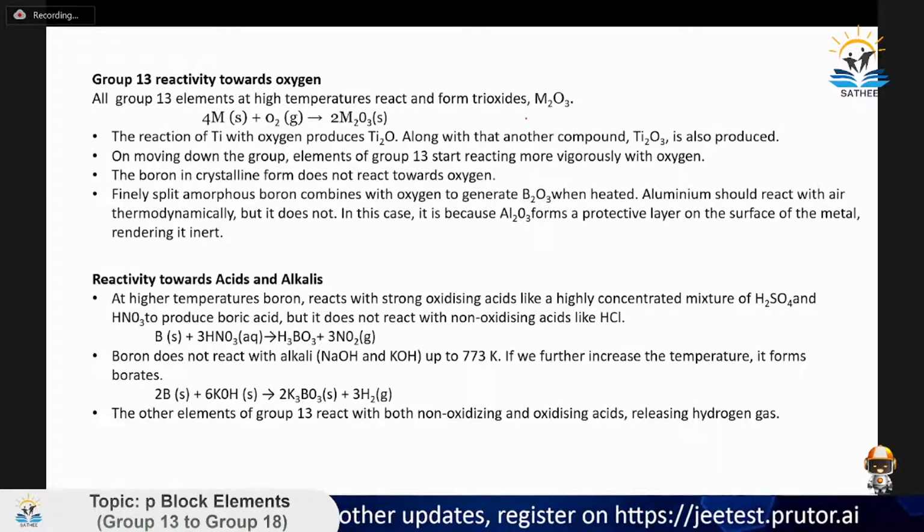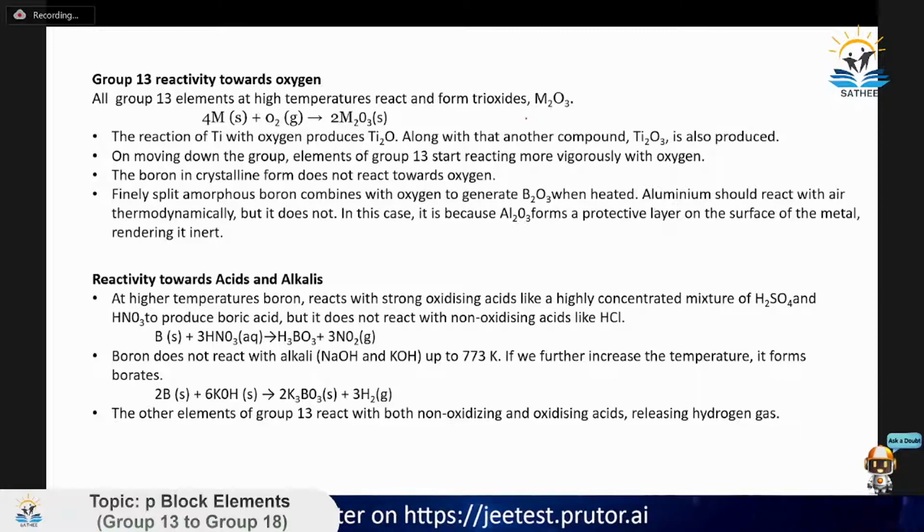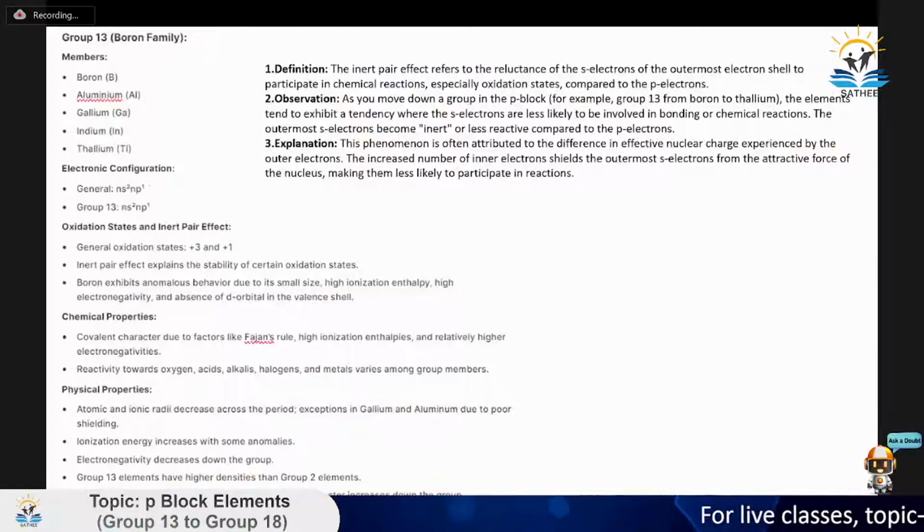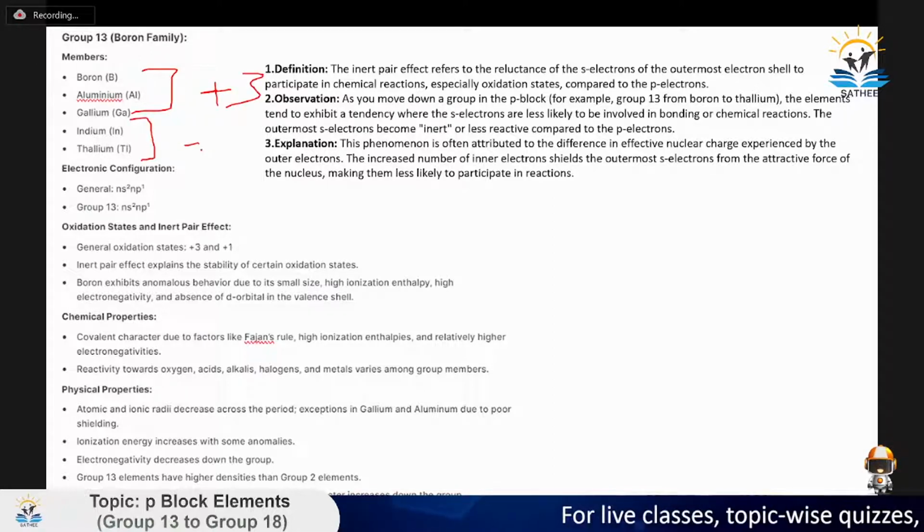Now this is again an overview, and again NCERT reading is advised. Let's just overview it. If we take a group 13 element and react it with oxygen, we'll get an oxide. That is common sense, right? But we know that starting out we get the +3, and in the end we get the +1 oxidation state.